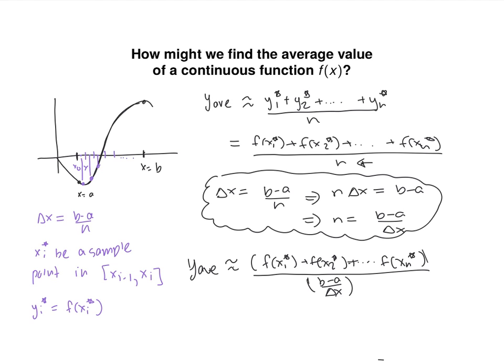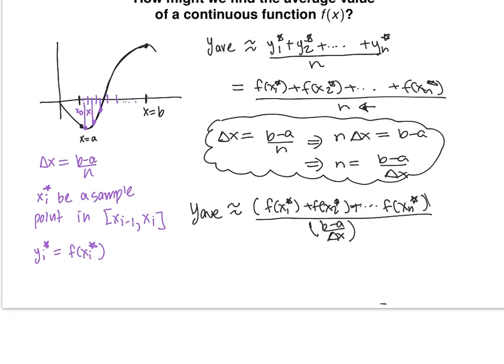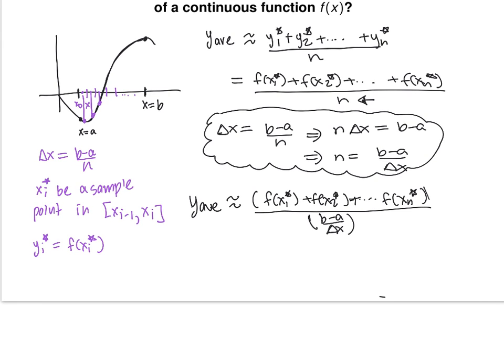Then you have to think that if you have division by a fraction, that denominator reciprocates. So my average value is approximately equal to f of x1 star up to f of xn star, all over (b minus a) times delta x.